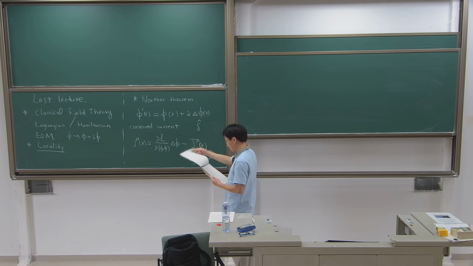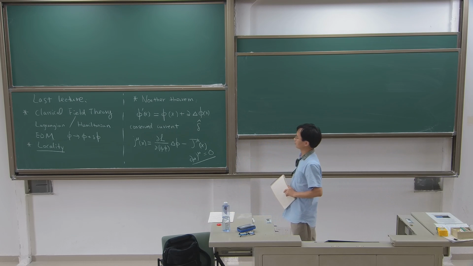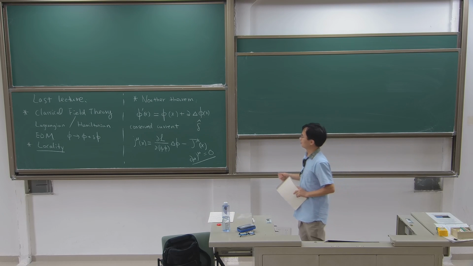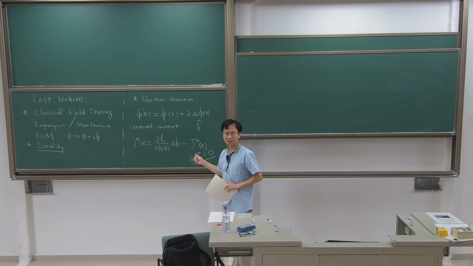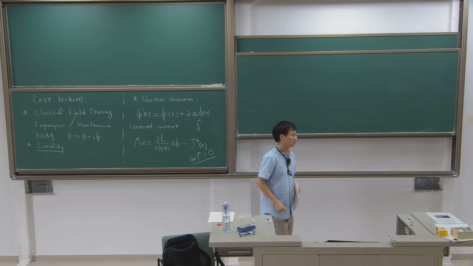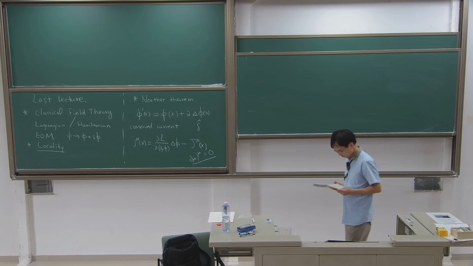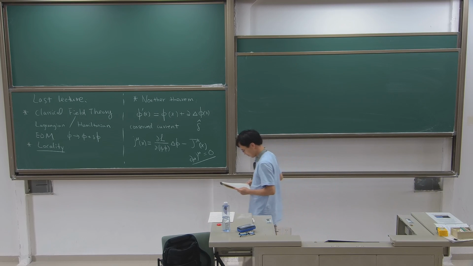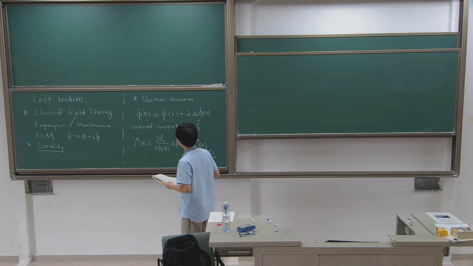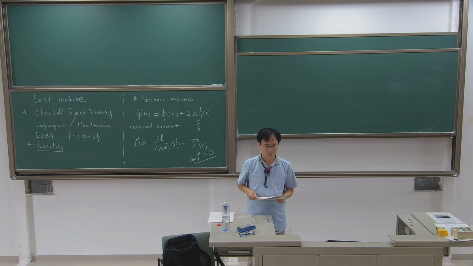All this discussion is only about the classical level. In today's course, we will see this kind of conserved charge or conserved current also plays important roles at the quantum level. So this is the content of the last lecture. Do you have any questions?